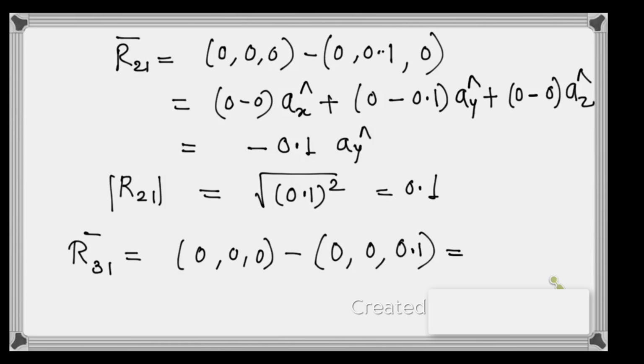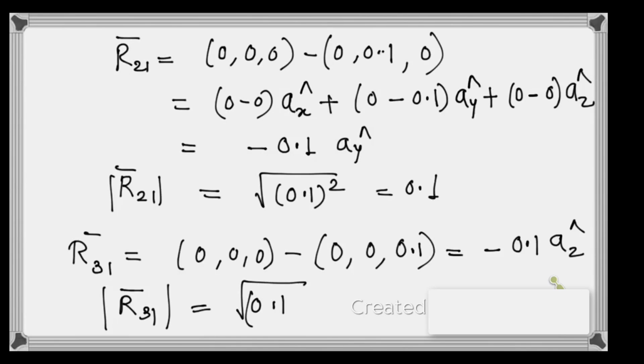So similar to the above equation, it will become equal to minus 0.1. x and y both are 0, so it will be only az cap, and the magnitude of R31 is mod of this, square root of 0.1 square, that is equal to 0.1. Many times we can make a mistake at this point, in finding the magnitude of the vector.